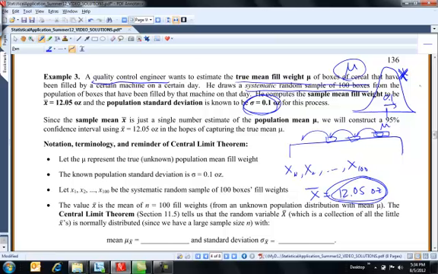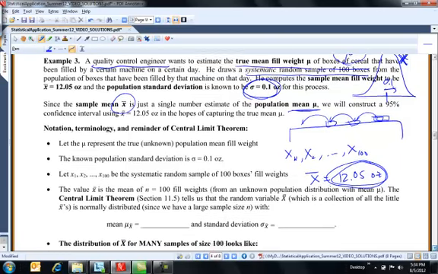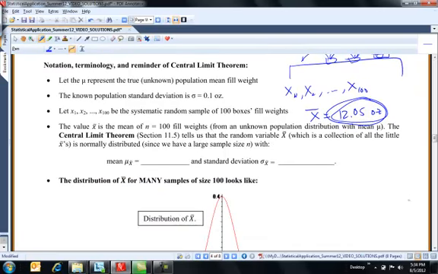Now we just need a little terminology. The sample mean is just a single number, and I'm trying to estimate the population mean. So I'm going to build a 95% confidence interval for mu. We need information from the previous chapters, including the central limit theorem. Let mu represent the true mean fill weight for all those boxes.